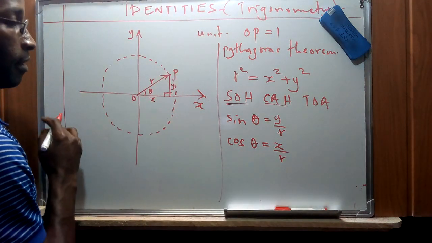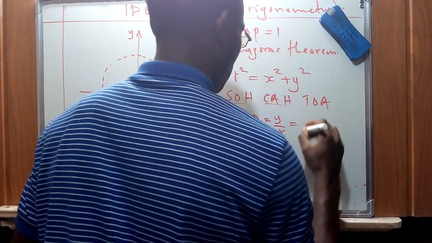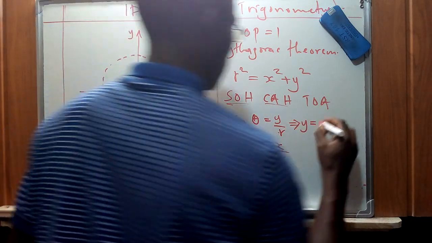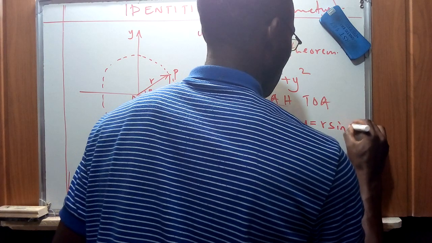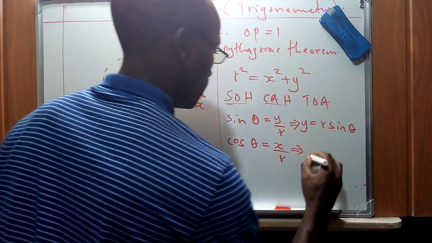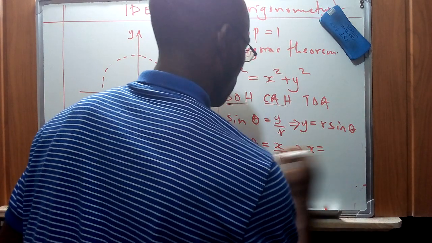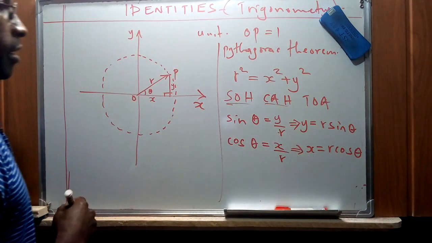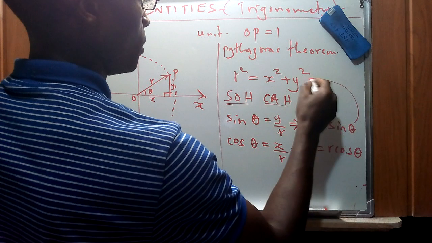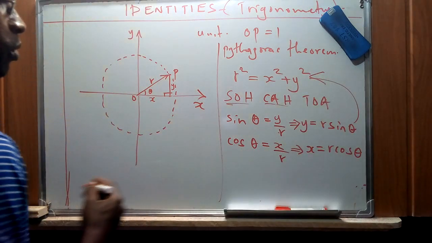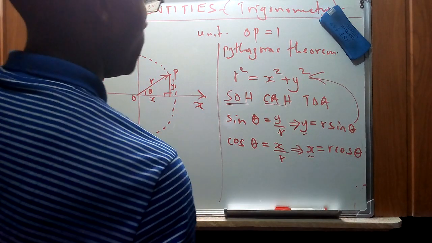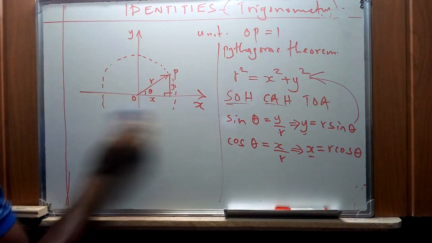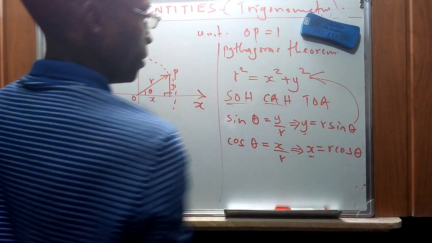Basically, in this sense, we can relate these equations and make y the subject of the formula. So y is equal to r sine theta, and for the second case, x is equal to r cosine theta. Given that we have this equation at this particular point, we can do a substitution for x and y and see which kind of expression we get.